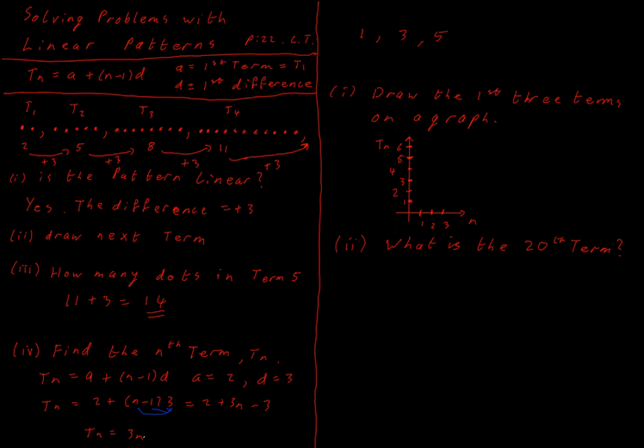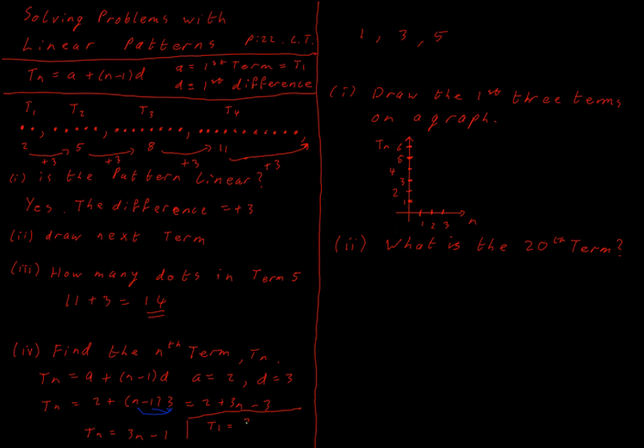3n plus 2 minus 3 is minus 1. So this is a formula that tells me the number of dots in any term in my pattern. So if I wanted to know T1, this is an aside, T1 would be equal to, I put in a 1 for my n, because my n is my number of my term.